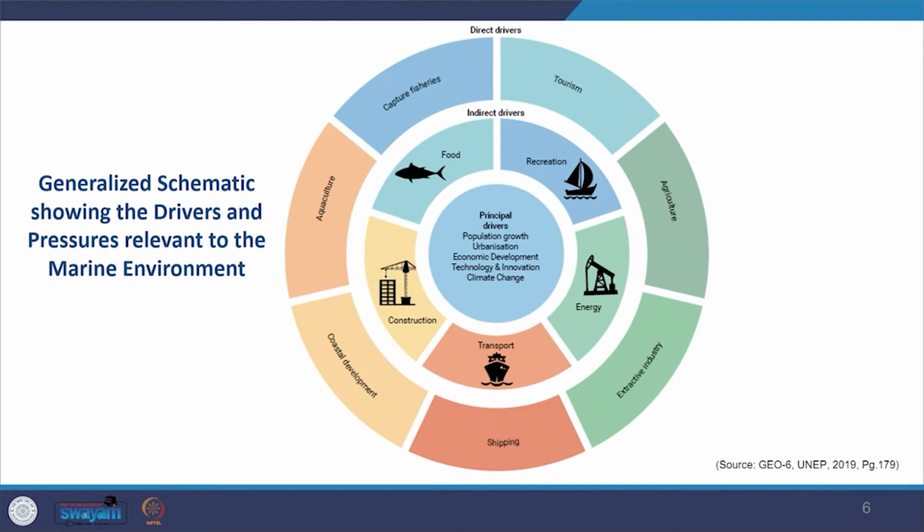For example, you may recollect you saw this image where you reviewed how our requirements, needs, uses are multiple and how there are conflicting interests, how exploitation of one resource or activity can impact many others, including environment.